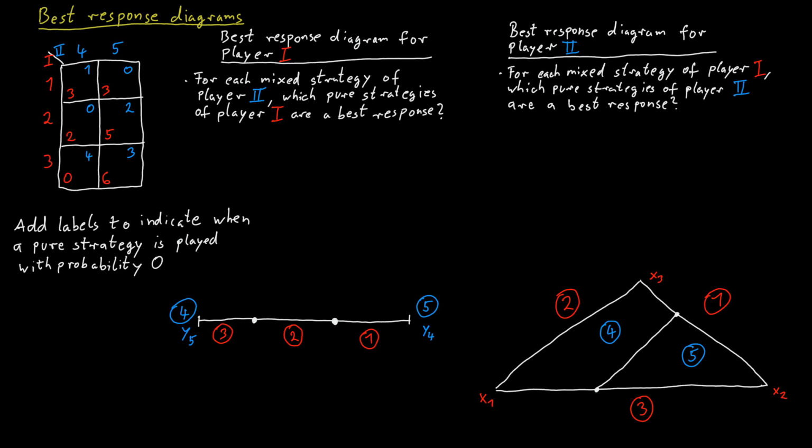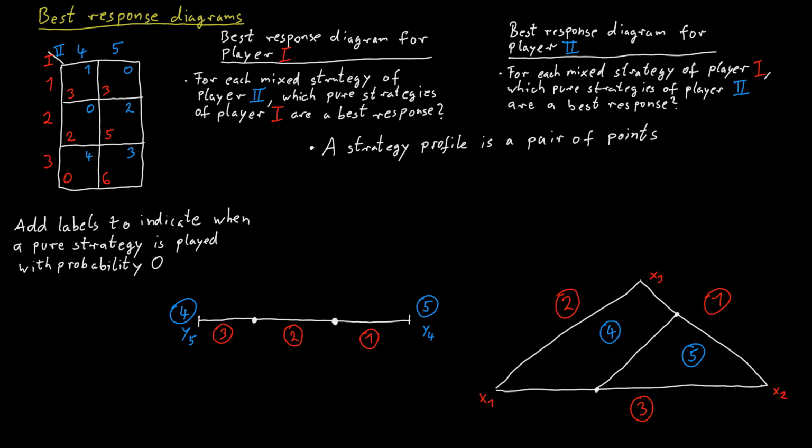And so a strategy profile is just a point in the left diagram and in the right diagram. And if we have a pair of points, that's a strategy profile. And the question is, when is such a strategy profile in Nash equilibrium? And the answer is, if each player plays the best response to what the other player is doing.